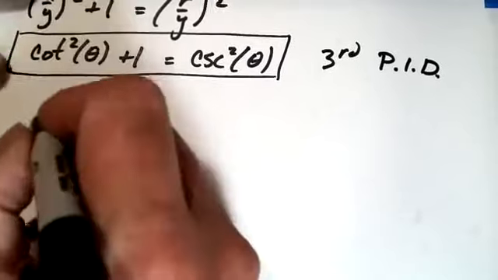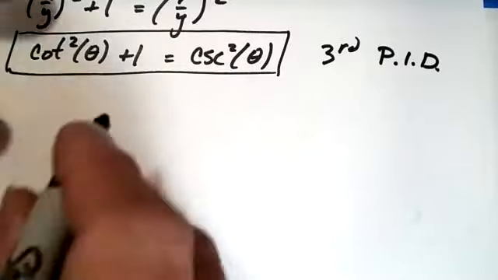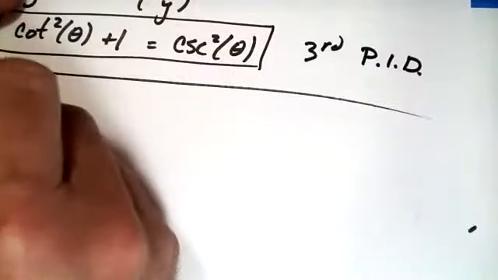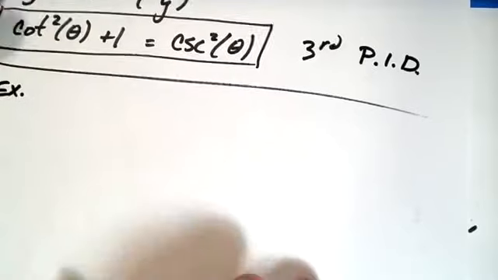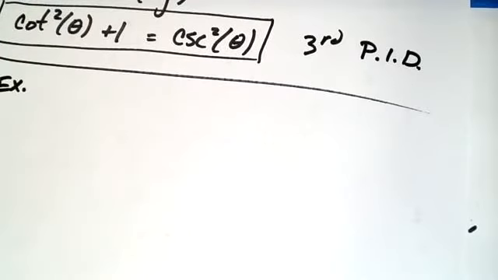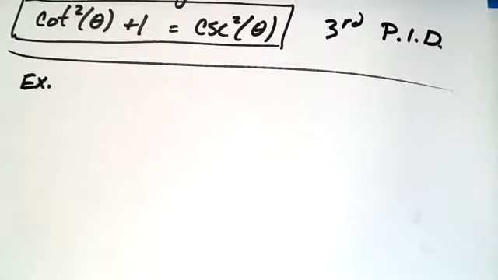Let's try to work a problem here. There are two things you need to know. You either need to know a trig value and the quadrant that the angle lies in, or you need to know a trig value and the sign of another one, because that allows you to figure out the quadrant.